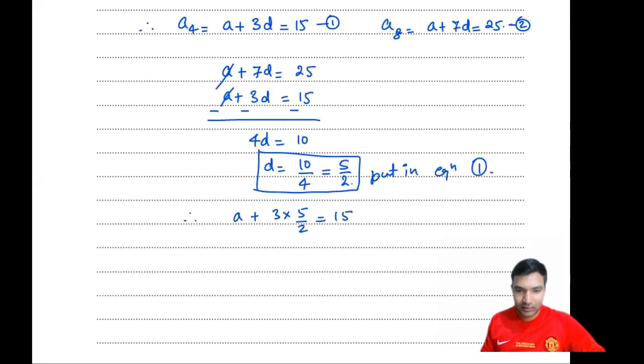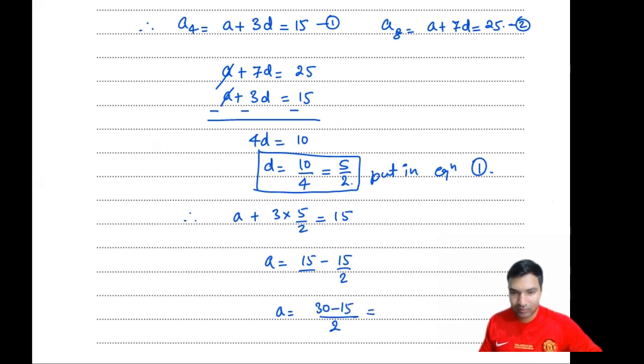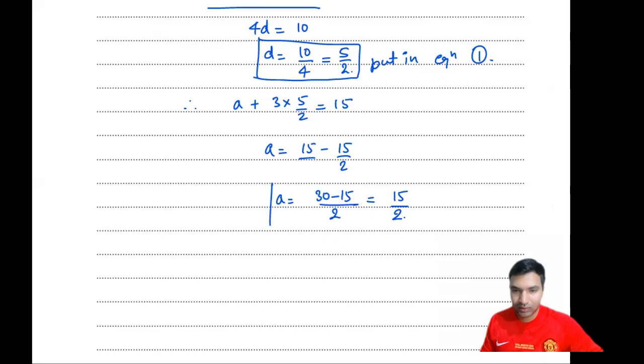Therefore a is equal to 15 minus 15 over 2, since 3 times 5 is 15, and when I transpose it to the right-hand side it becomes negative. Taking the LCM, 2 times 15 is 30 minus 15, which is nothing but 15 over 2. So we have a, and we got the value of d as well.